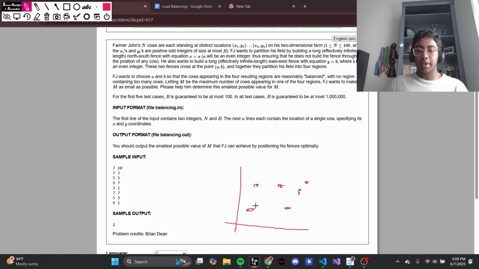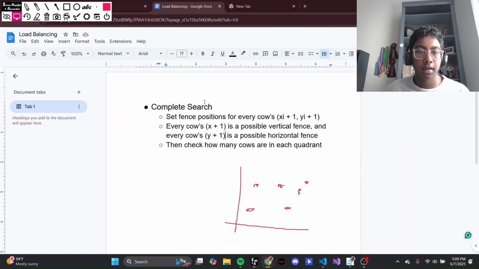Okay? So let's say you try this cow's x, this cow's x plus 1. If this cow is here, its x plus 1 would be over here, okay?